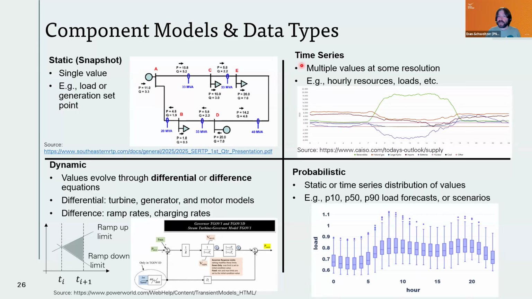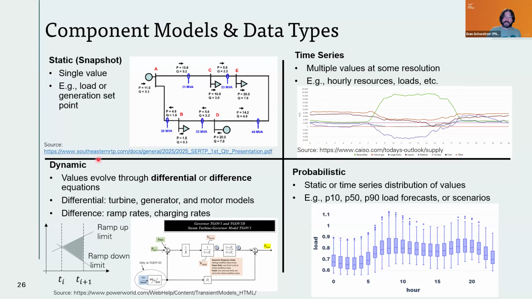You could instead have time series, which means that you're giving multiple values at some sort of time resolution. For example, you frequently see hourly resources, loads, etc. This is an example from the CAISO Outlook, and you can feed that into different kinds of models.